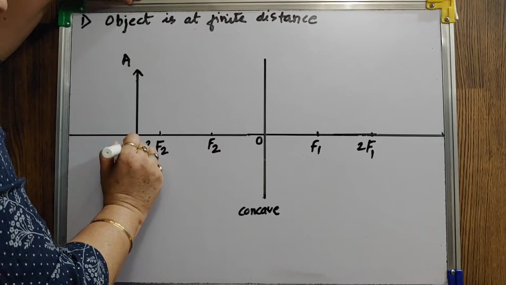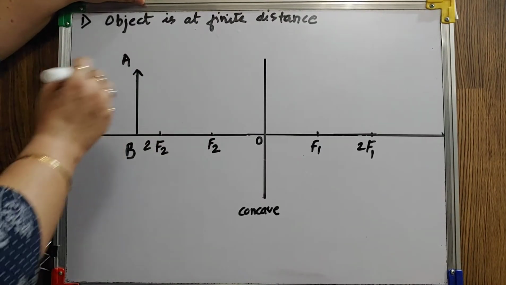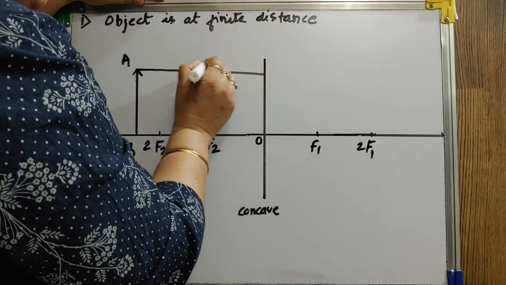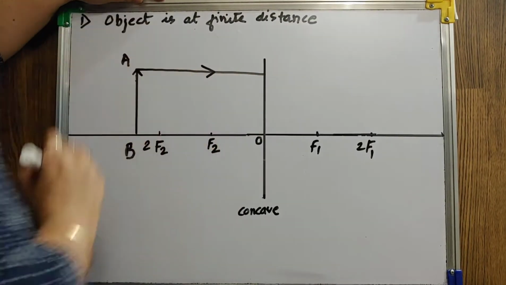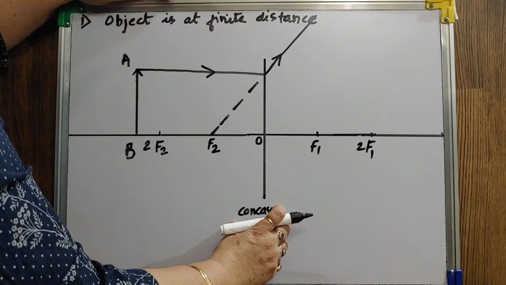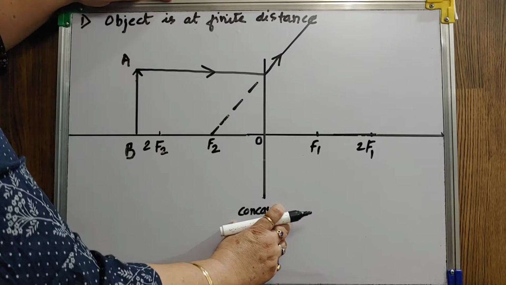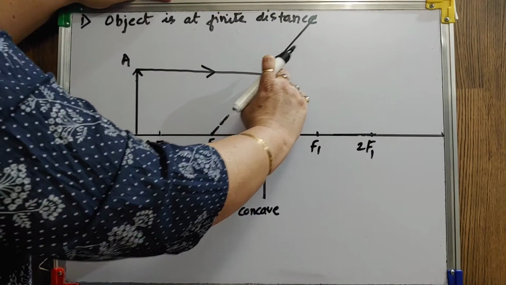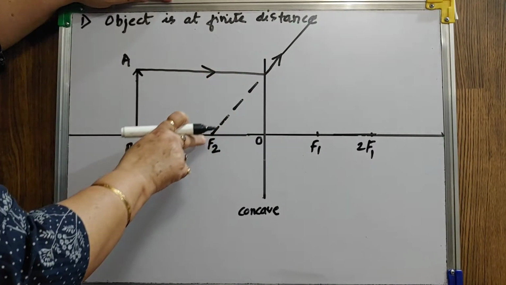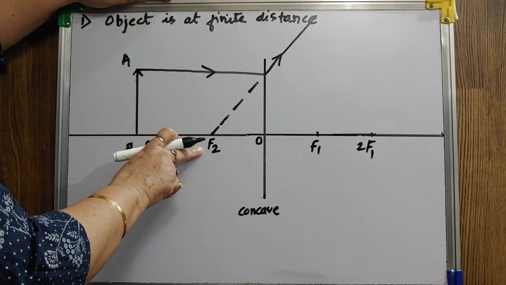Suppose my object is AB. In the same way, we will draw a line parallel to the principal axis. Now the concave lens is a diverging lens, as we discussed in the first video. So after refraction the ray will diverge, but when you extend it backward, it appears to pass through F2.